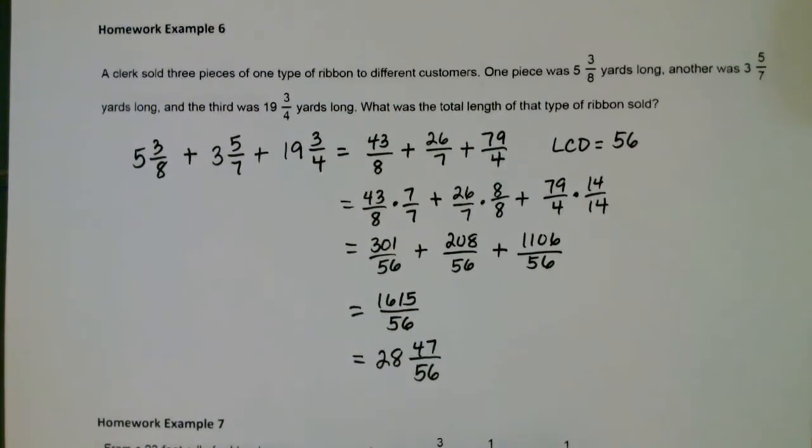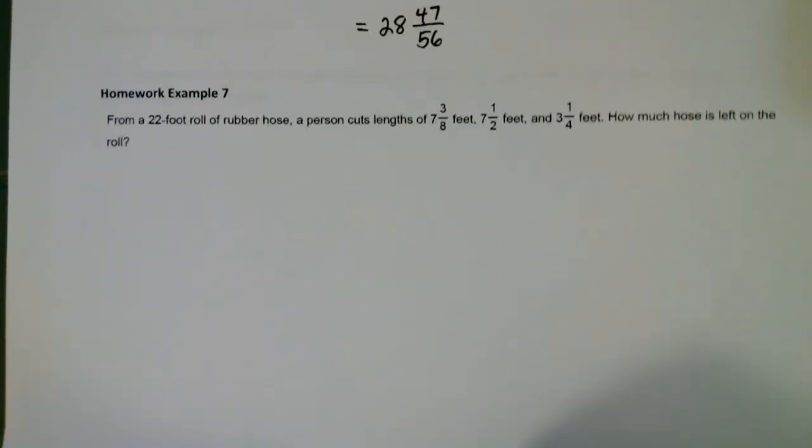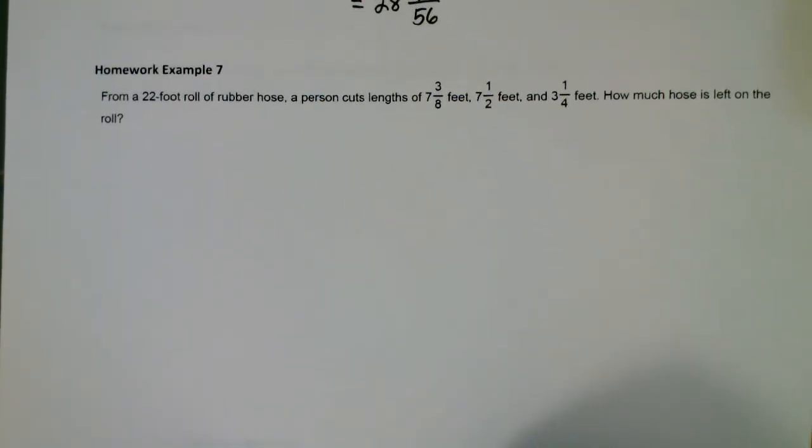Okay, here's another homework example, similar to the one in my math lab. From a 22-foot roll of rubber hose, a person cuts lengths of 7 3/8 feet, 7 1/2 feet, and 3 1/4 feet. How much hose is left on the roll?